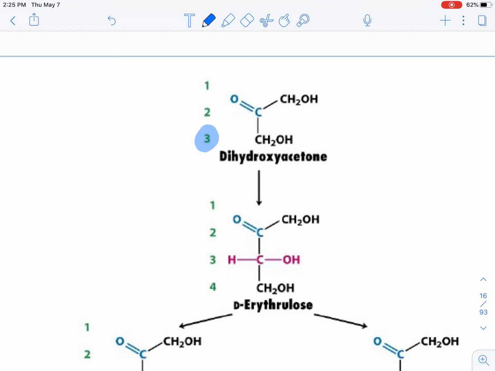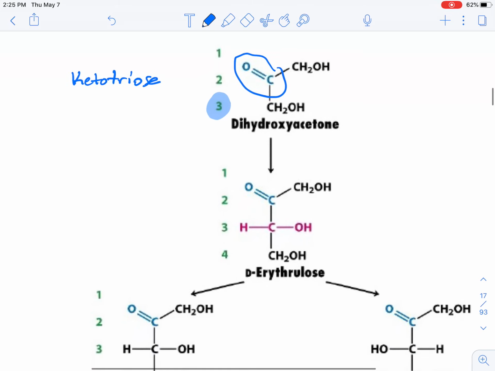Here, since I have a ketone, this would be an example of a ketotriose.